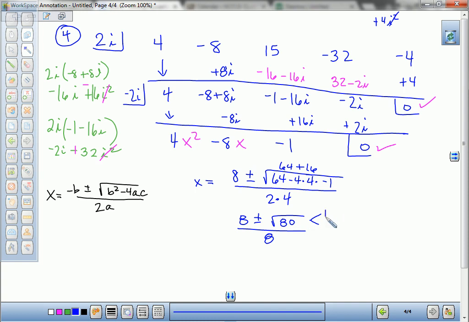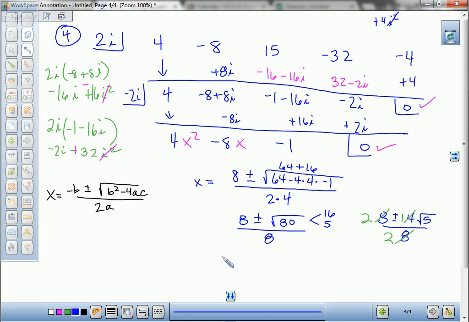Okay, 80 breaks up into 16 and 5. What's the square root of 16? 4. And do you see that 4 divides into this number, and this number? 4 divides into all of those.